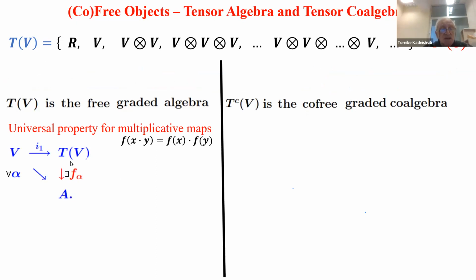Free means freely generated by V. If I take some map alpha from generators to some other algebra, to it corresponds not just any map but an honest algebra multiplicative map, F alpha, with the condition F of the product is Fx times Fy.